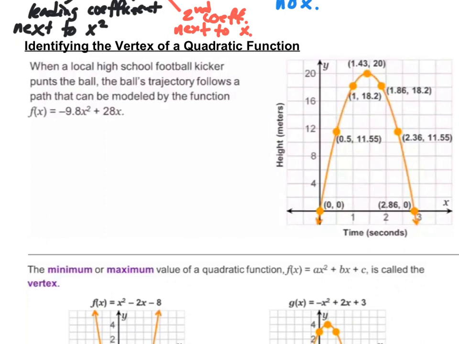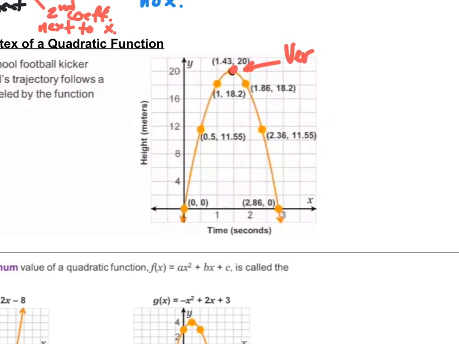We see that we have a maximum height right here. I'm going to put it in red, I'm going to call this the vertex, and the vertex has the maximum height. That's going to come into play later.